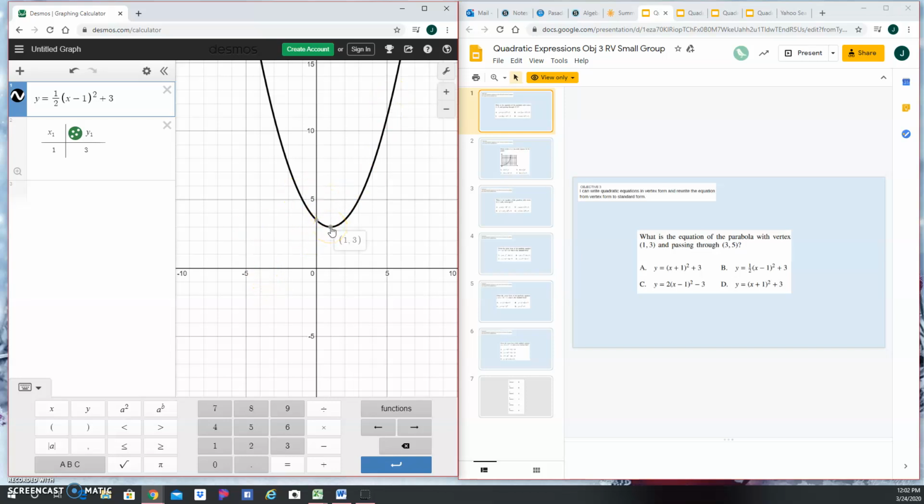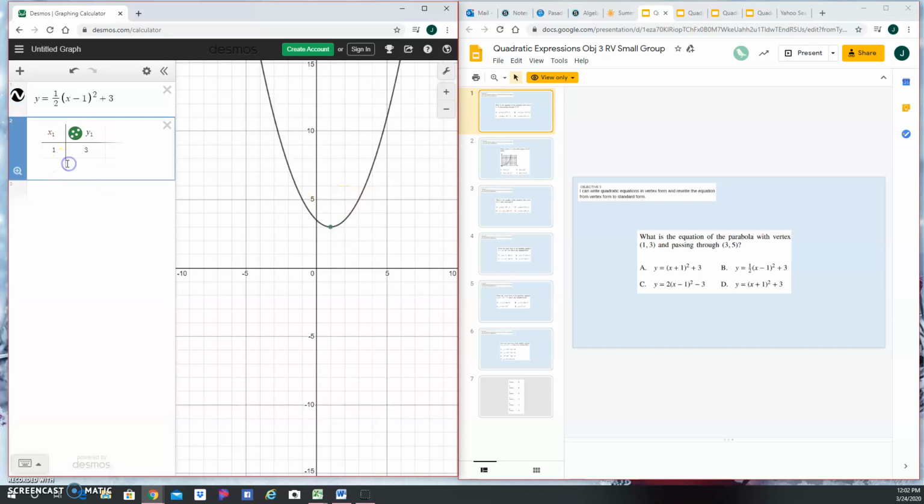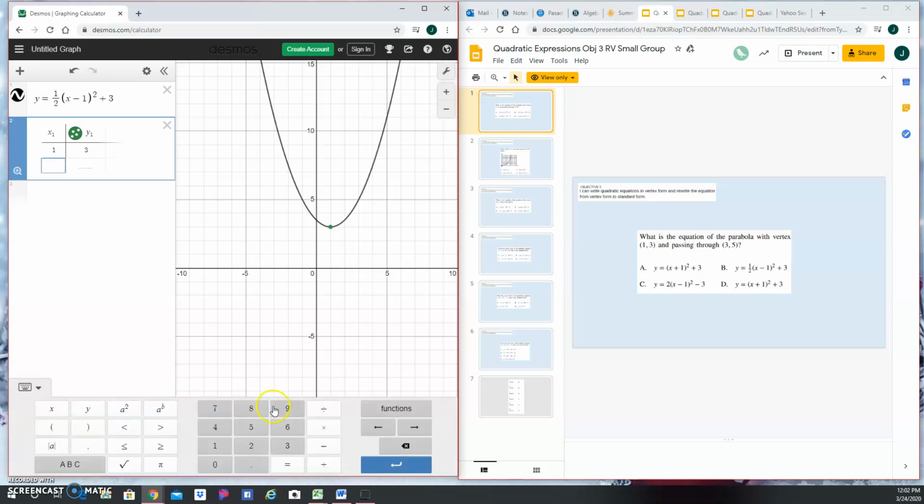So that vertex is 1, 3, but we're not done because we wanted to see if the graph passes through the point 3, 5. So let's examine that. 3, 5. I think it's correct by visual inspection, but I will still use my technology for checking. And it says 3, 5. There you go. Those dots went on there.